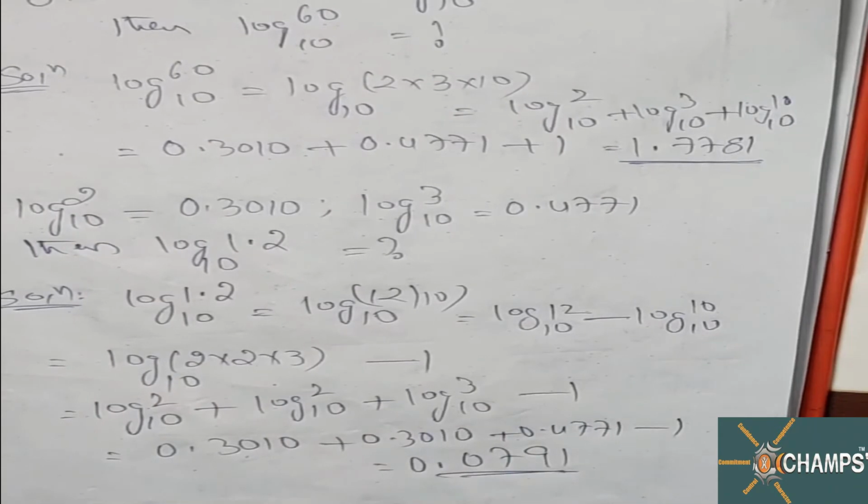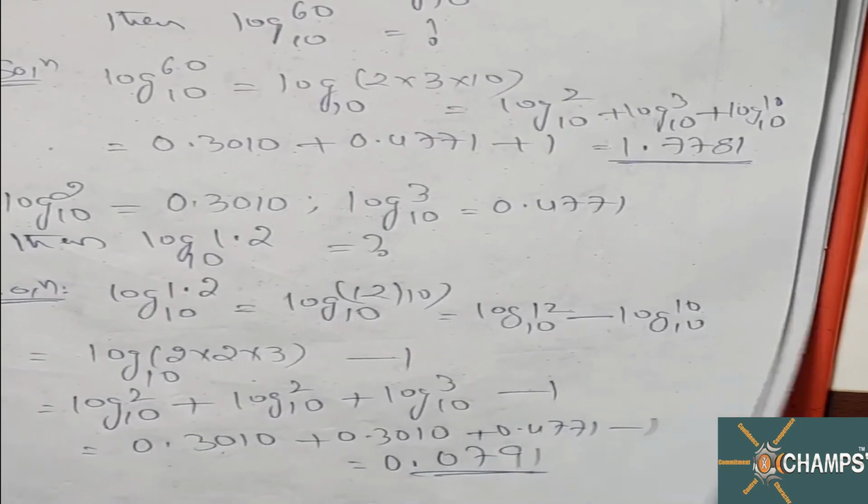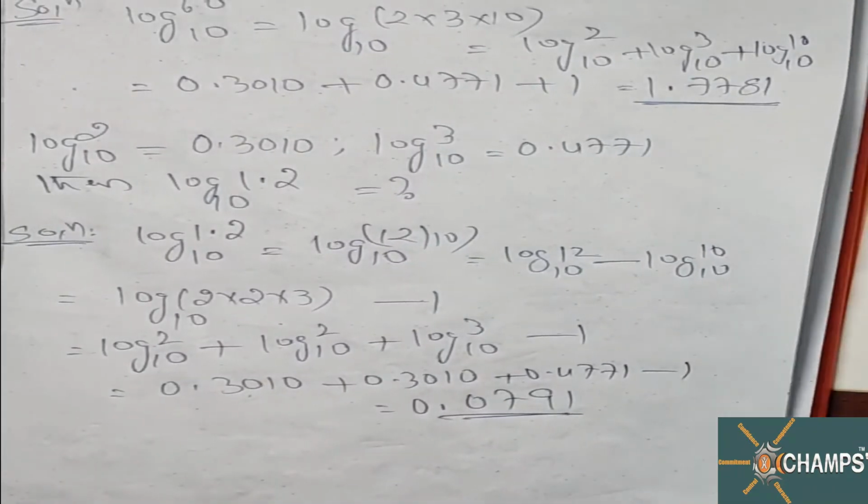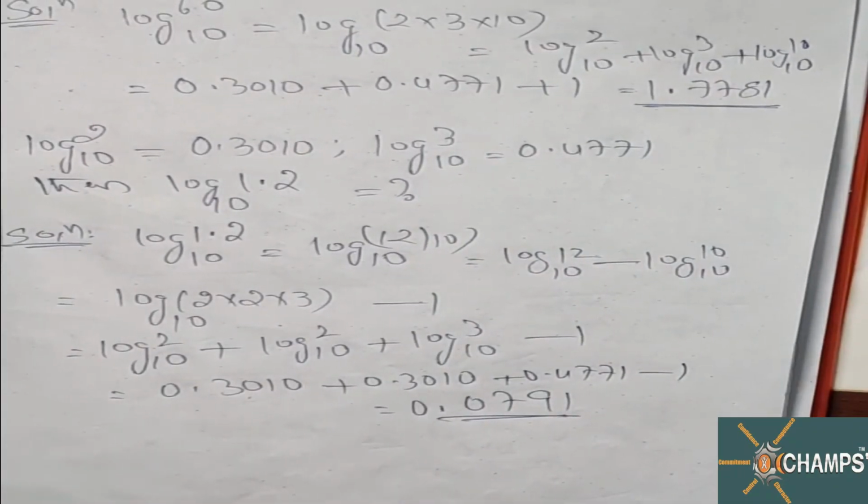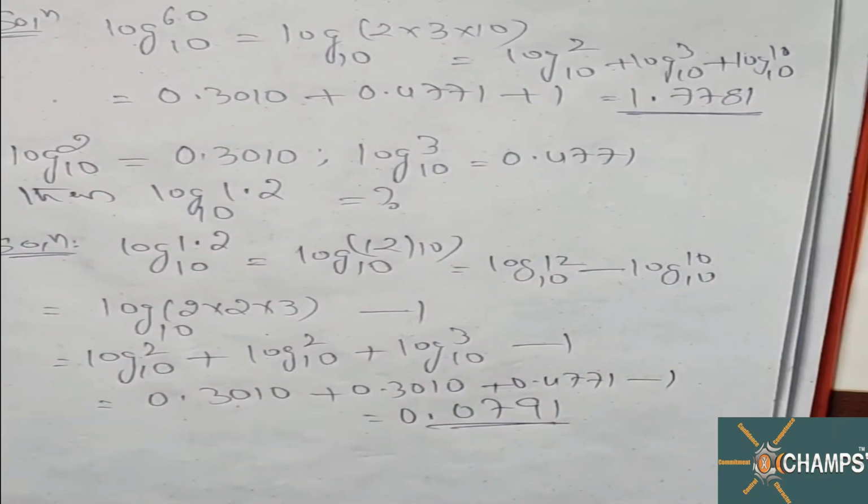Let me check the value one more time, sir. 0.3010 plus 0.3010 plus 0.4771. From this I have to subtract 1. This is 0.0791. This is the answer to the given question.